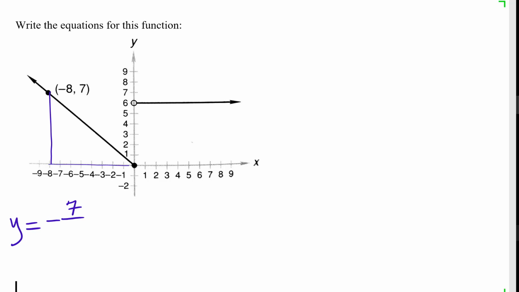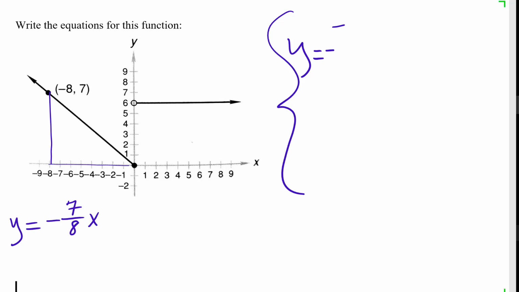The equation of that line is y equals -7/8 x plus 0. I'm not going to write plus 0, but the equation of that line is y equals -7/8 x.